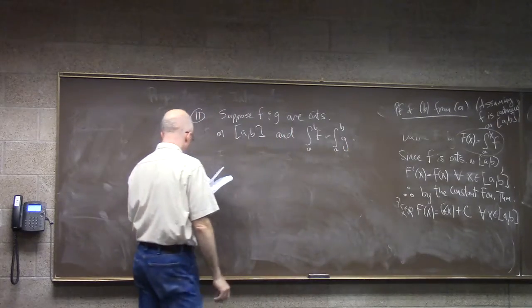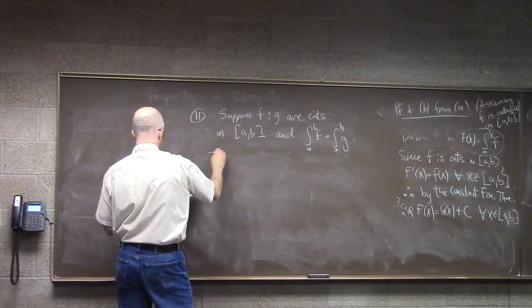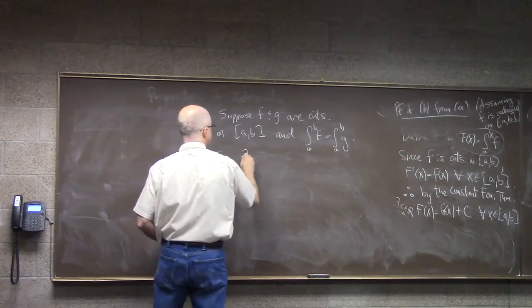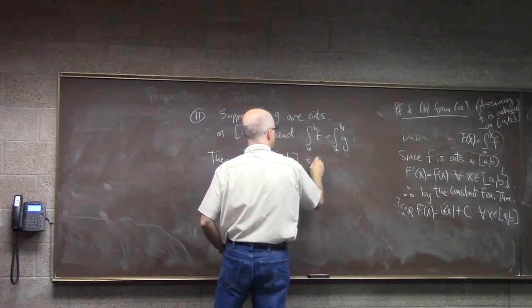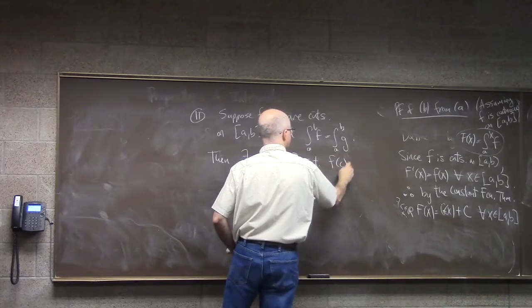The conclusion you want to prove is then there exists a c in the interval from A to B such that f of c equals g of c.